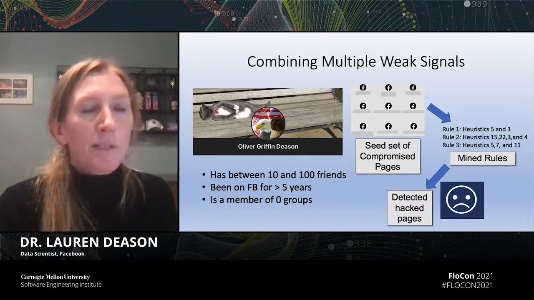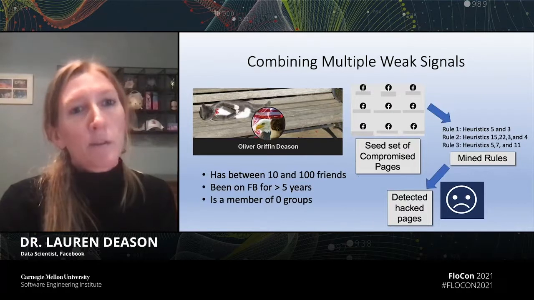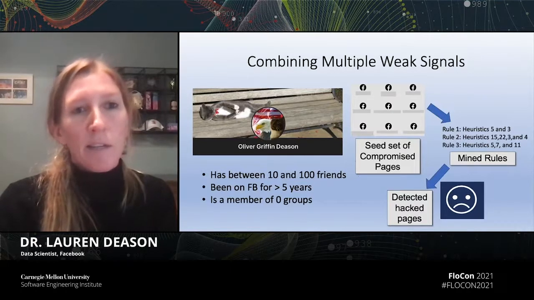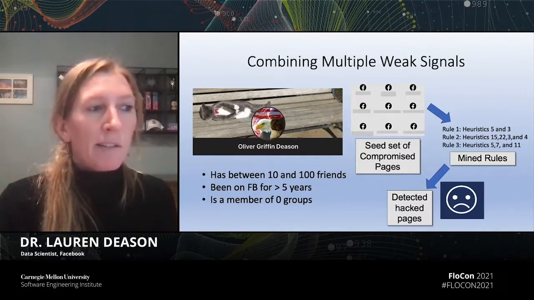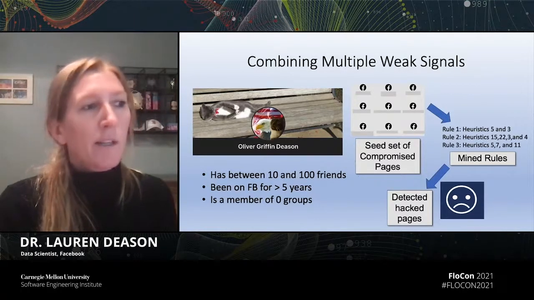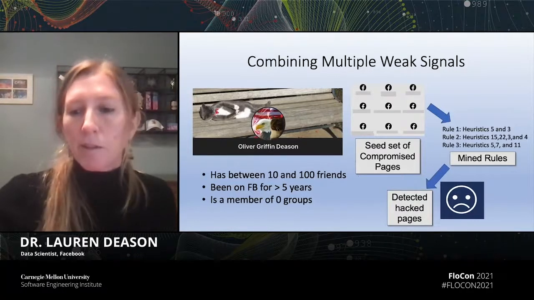And in fact, this worked very well. We came up with a list of rules and then went back and queried the data to say, are there any other pages that match these combinations of heuristics? And in fact, there were, and this surfaced several additional pages that turned out to have been hacked upon further review.